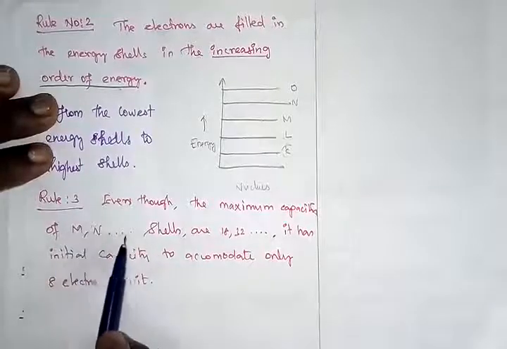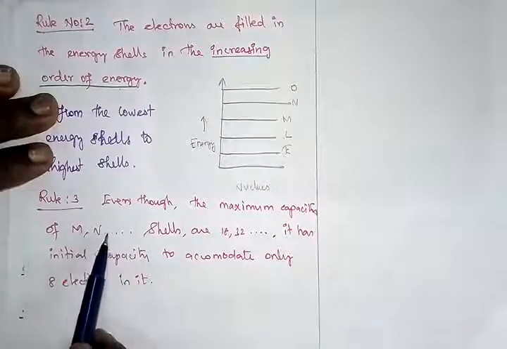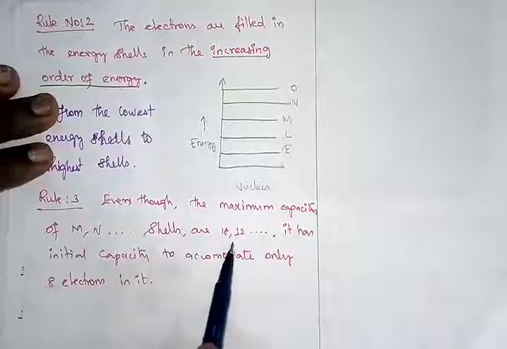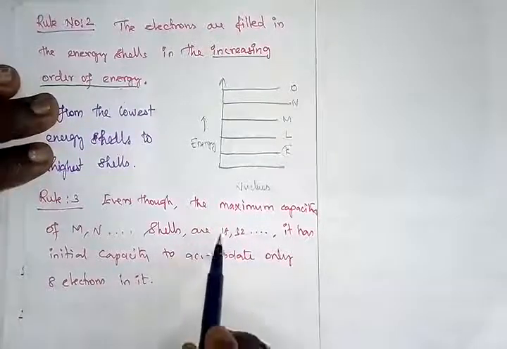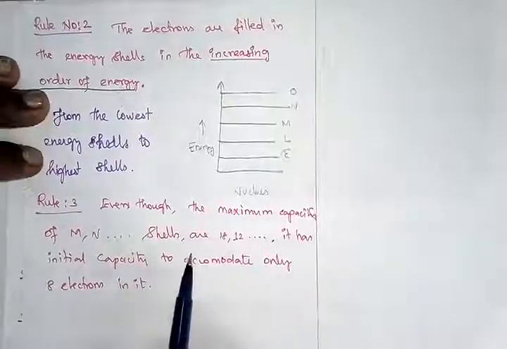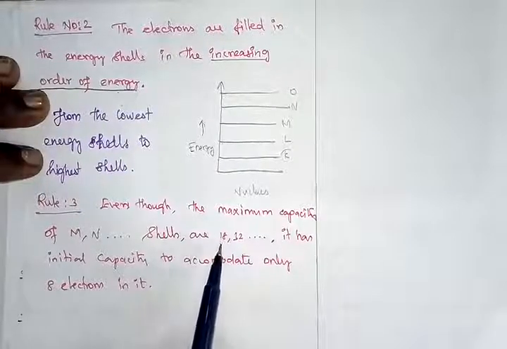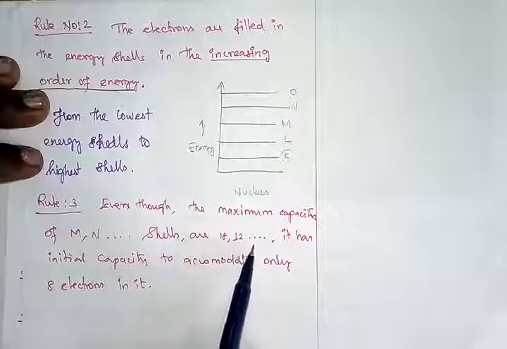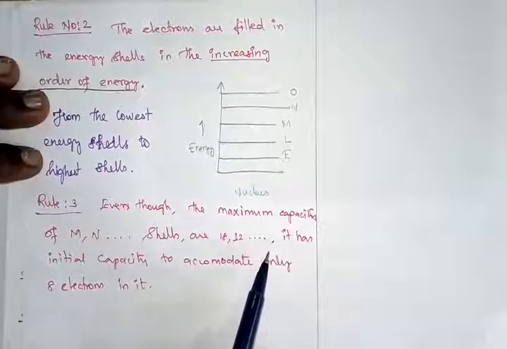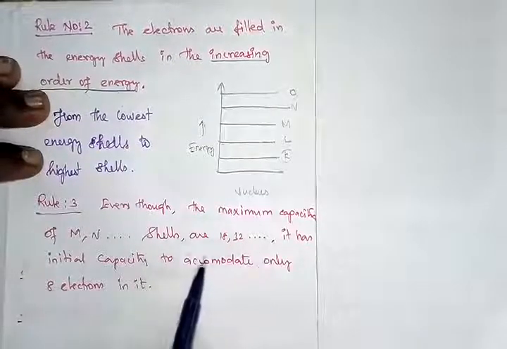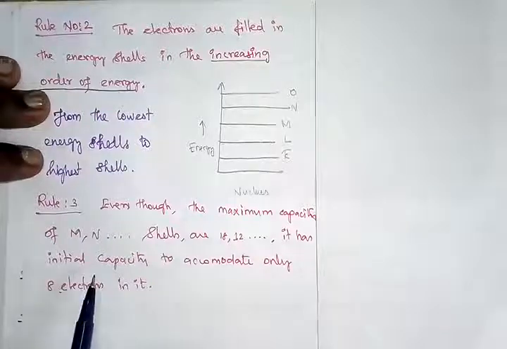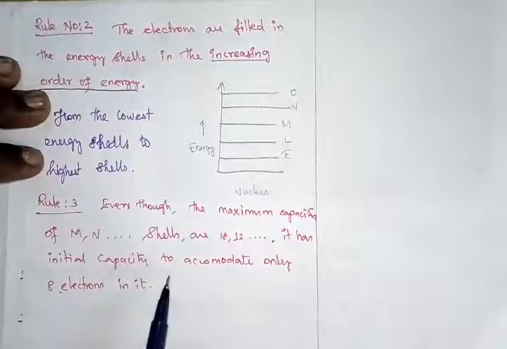From the M shell onwards, from M, N and onwards, they have capacities of 18, 32 electrons. So from M and N shell onwards, the capacity of the shells is 18, 32 and so on, but they can accommodate only 8 electrons initially, then it jumps to the next level, right?